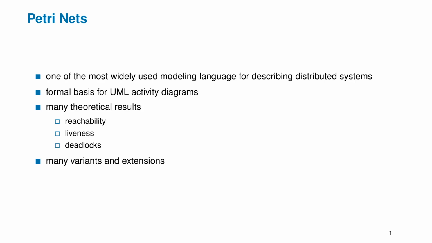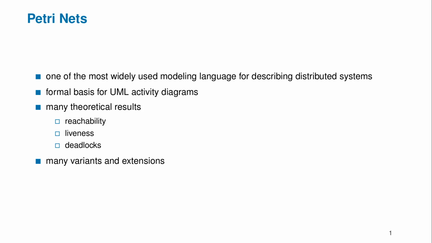A very important application of Petri nets are their conciseness in the context of specifying other modeling languages, maybe not so formal languages, but languages that provide some freedom in their semantics. And one of the most widely used modeling languages that is based on the Petri nets semantics and the concepts found in Petri nets are UML activity diagrams.